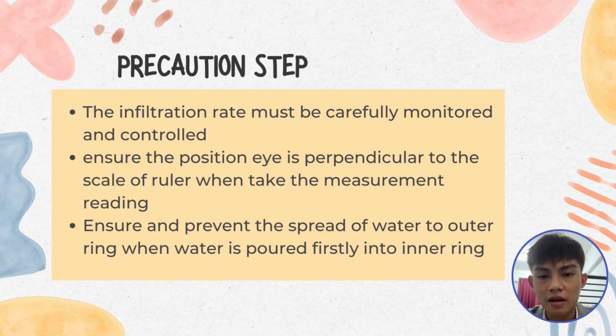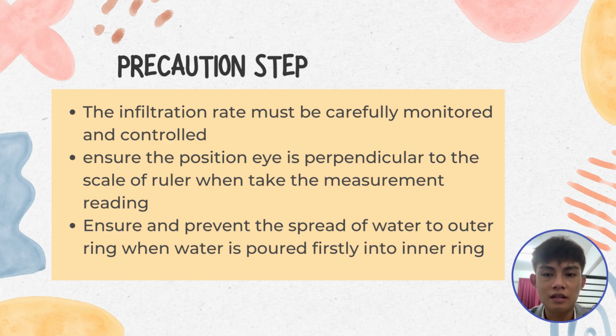The third step is to prevent the spread of water to the outer ring when water is poured firstly into the inner ring. As we know from the procedure, we need to fill up the water in the inner ring before we fill up the outer ring.